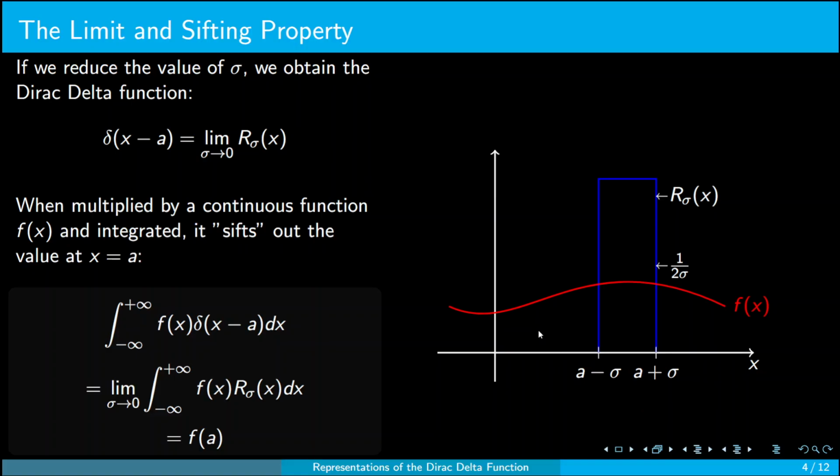If we multiply them, the Dirac delta function is 0 here, so it will contribute nothing. On this side, from here to here, the Dirac delta function is also 0, so this part of the red line will contribute nothing. Now we are left with this part.